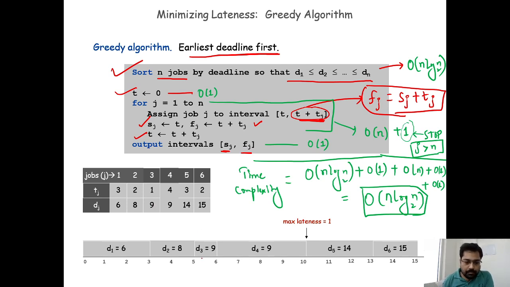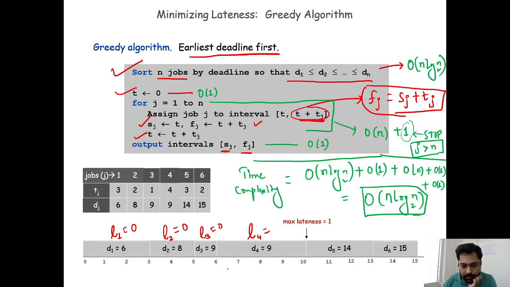Okay, so as per this, the processing time for this job is 1, so 5 plus 1 is 6, and 6 is less than the deadline, so the lateness is 0. So L1 is 0, L2 is 0, L3 is 0, and for L4 the processing time is 4.